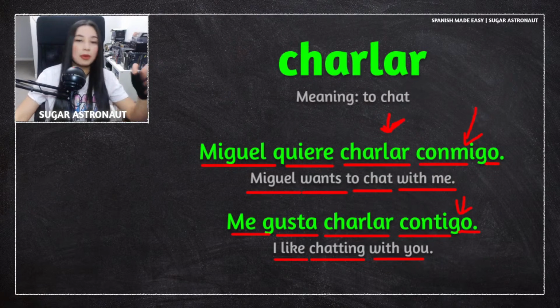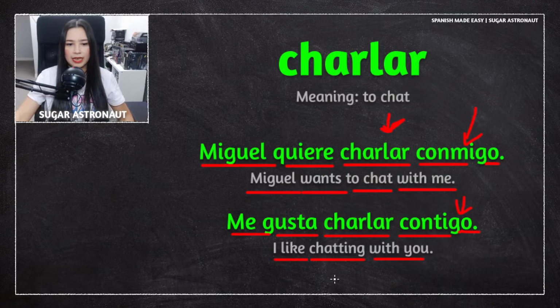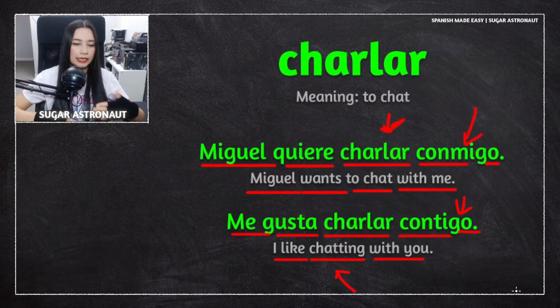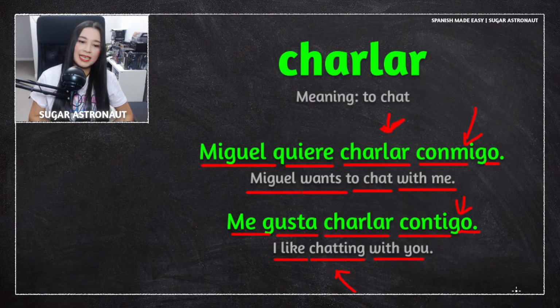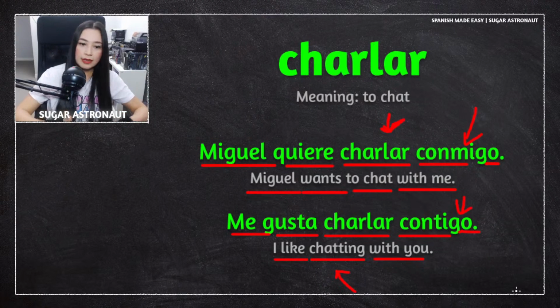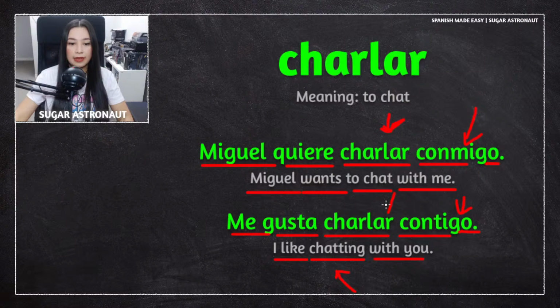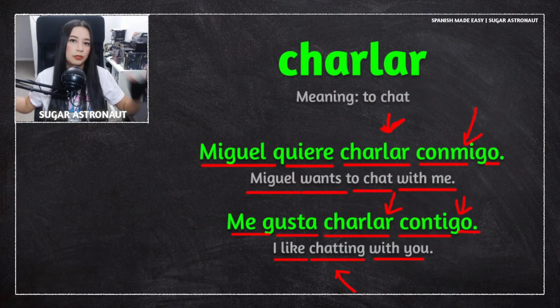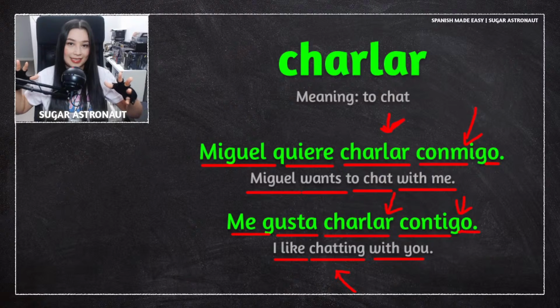Now, when you say me gusta, I know that we have in English chatting, right? And if we translate chatting from English into Spanish, then it should be charlando, the famous gerund. But when you use the expression me gusta, and if you want to add a verb right after, that verb is going to be in an infinitive form, which means you don't conjugate the verb. You just leave it as it is.